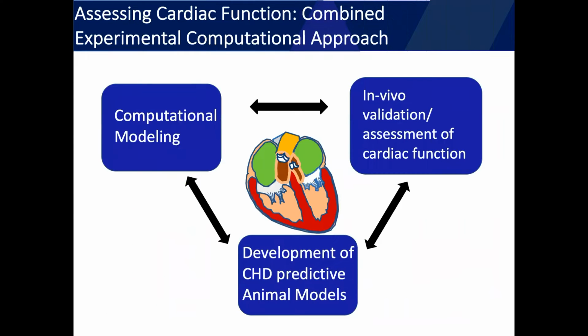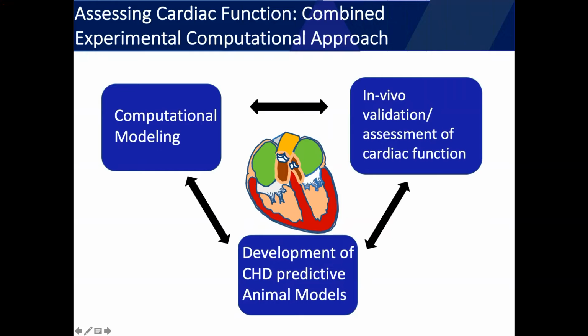So this combined experimental computational approach is an essential part of how we understand form and function, or how we attempt to assess the full picture of what's going on. There are only so many measurements that you can take experimentally. And if you do proper computational simulations, a lot of times you can fill in the holes and get a lot of values that you're unable to obtain experimentally.